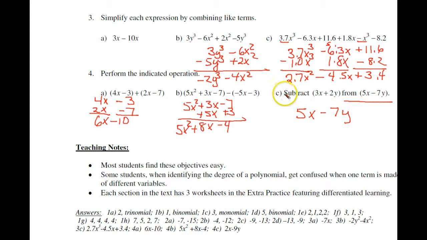Now they're saying subtract this. Well, think of this as just being a negative sign in front of that parenthesis. What did we do over here? We changed both signs, and then we added. So this becomes 2x minus 9y.